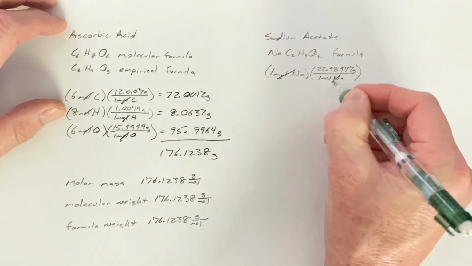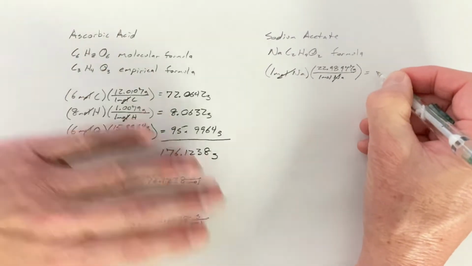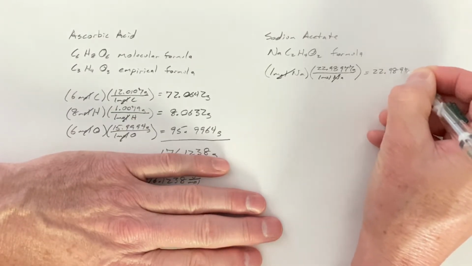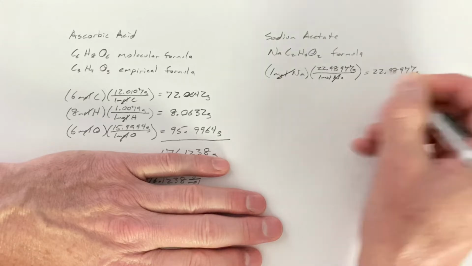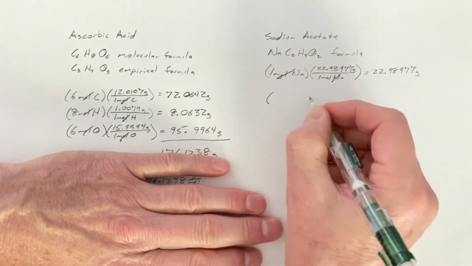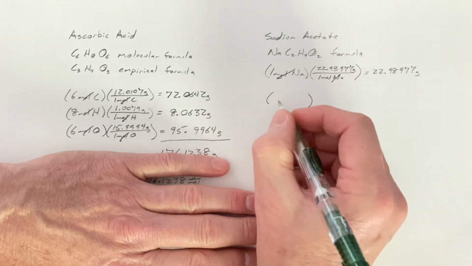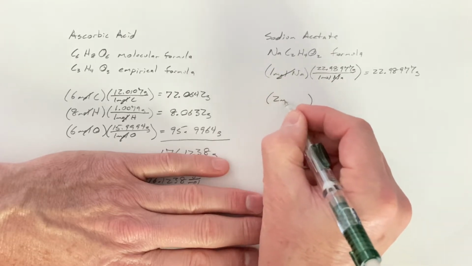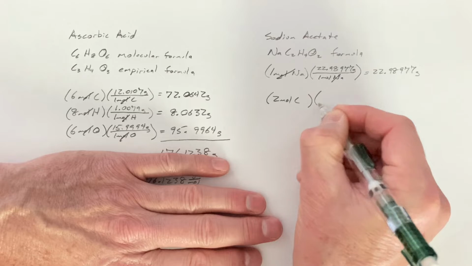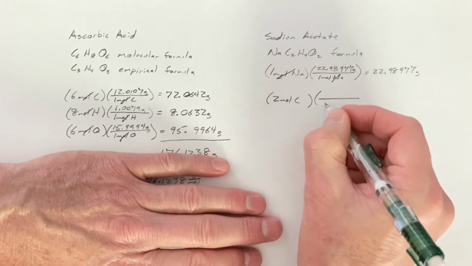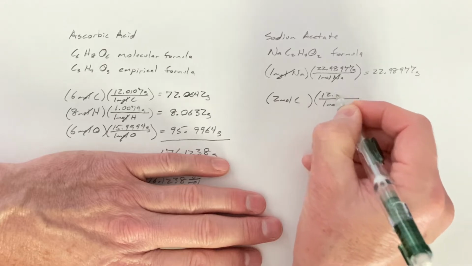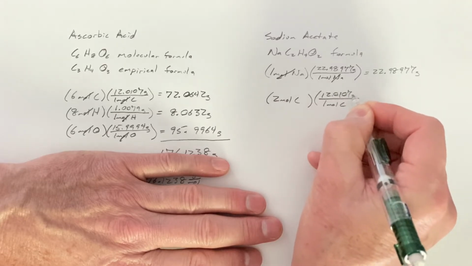Moles cancel with moles, and we have 22.98977 grams of sodium in our 1 mole of sodium acetate. We see in our formula we have 2 moles of carbon, and if we went to the periodic table, we'd see 1 mole of carbon has a mass of 12.0107 grams.